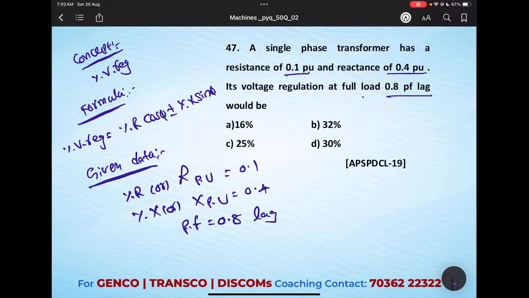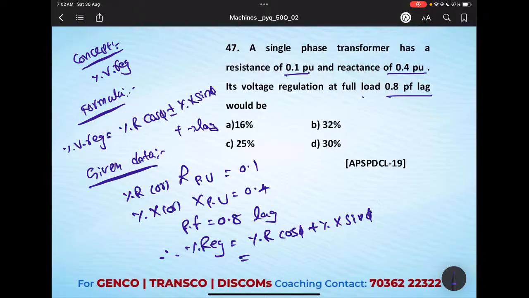Since the power factor is lagging, therefore the percentage regulation will be percentage R cos phi plus, we are going to take plus for lagging load, percentage X sin phi, into 100. They are asking in percentage, so you need to multiply with 100.